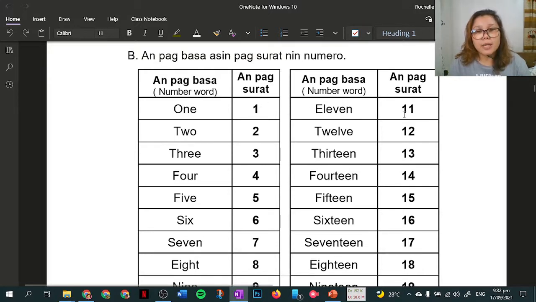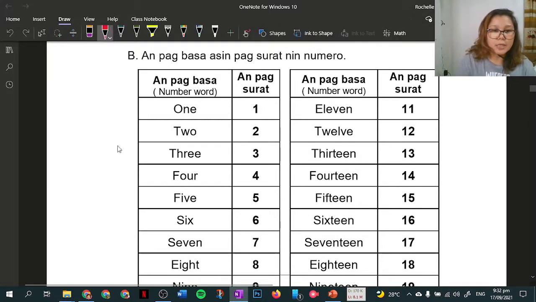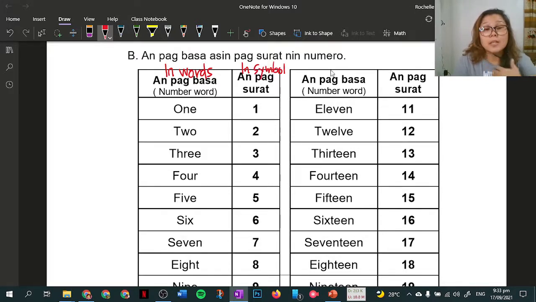And this one, the second column, so I'll write it down. This one, the first column, these are numbers in words. And then the next one, the usual way of writing the numbers, this is in symbol. So there are 2 ways on how to write numbers, in words and in symbol.